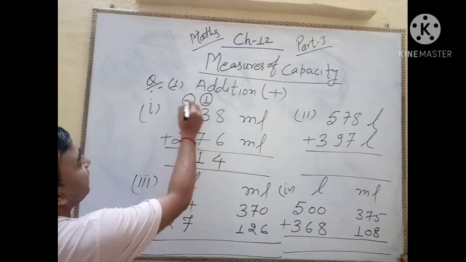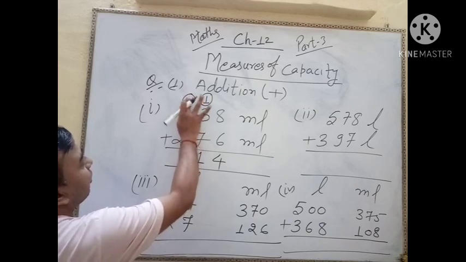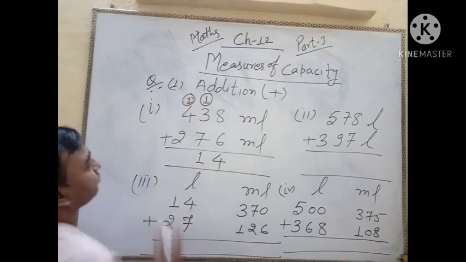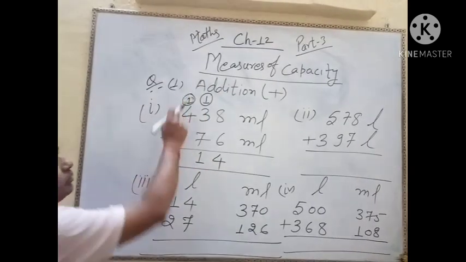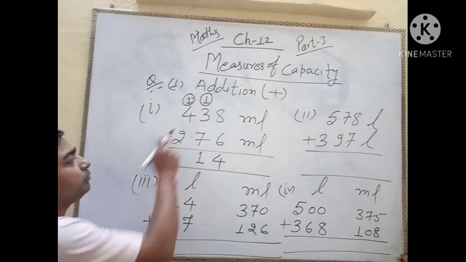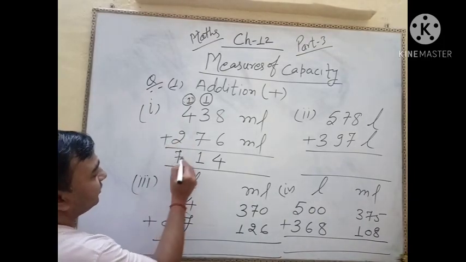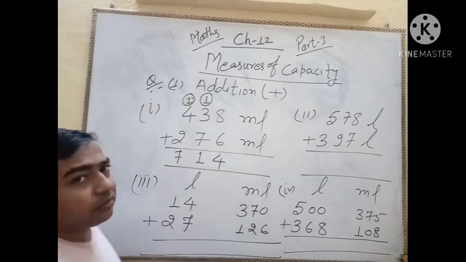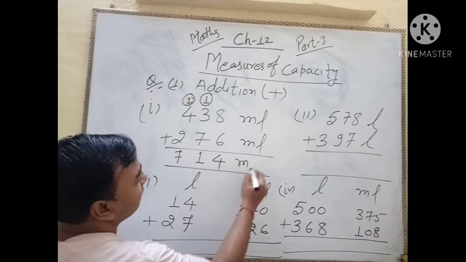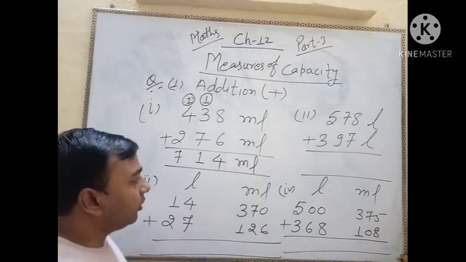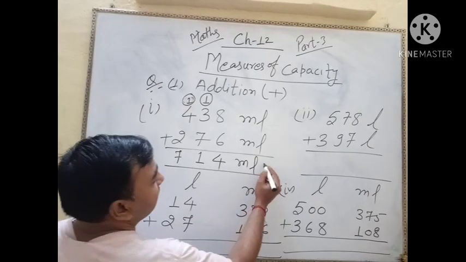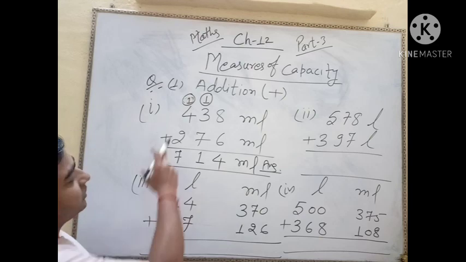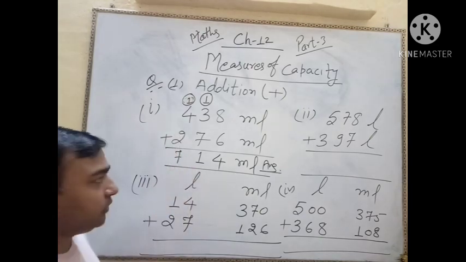Once again, we will carry 1. 1 plus 4, 5. 5 plus 2, 7. What is the answer? 714. What is the unit? Milliliter. So we will write ml. ml is the short form of milliliter. This is our answer. The first answer is 714 milliliter.